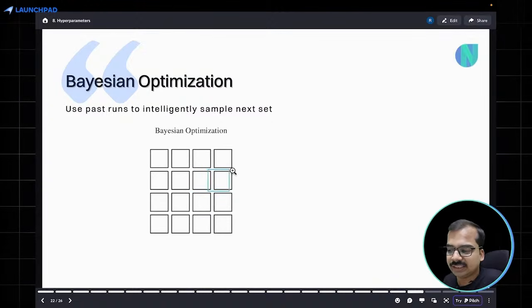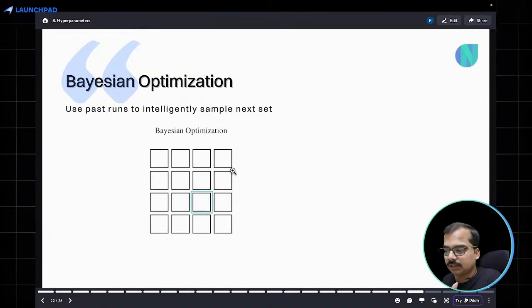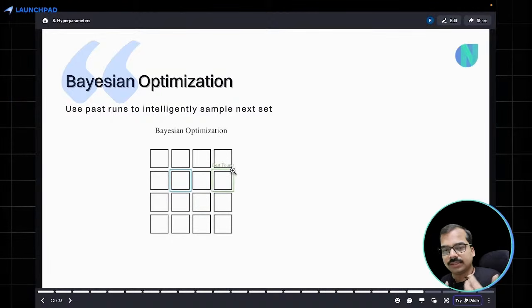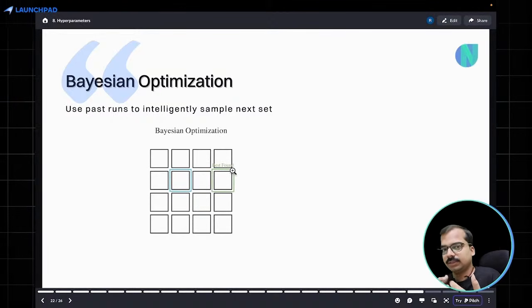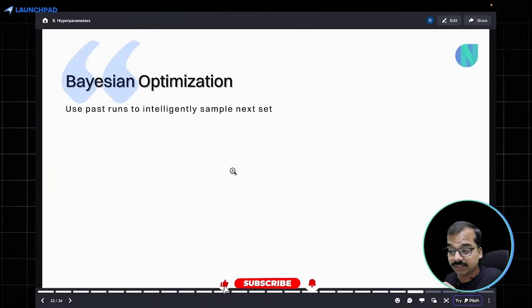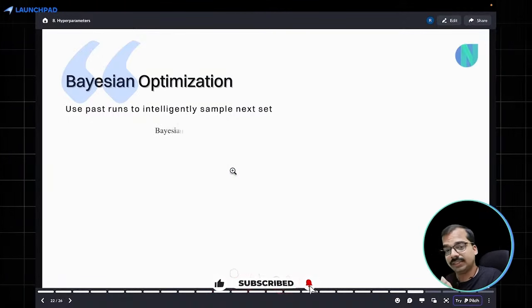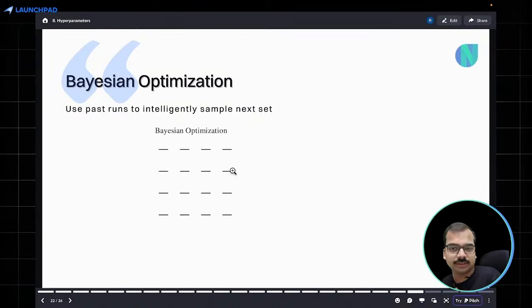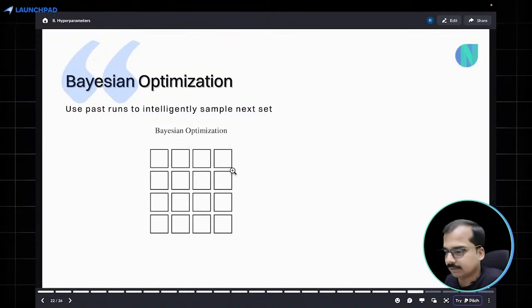It looks at what the results of past runs were. Was it improving on increasing the batch size, or on decreasing the batch size? So it takes some information from the past runs. That is much more intelligent.